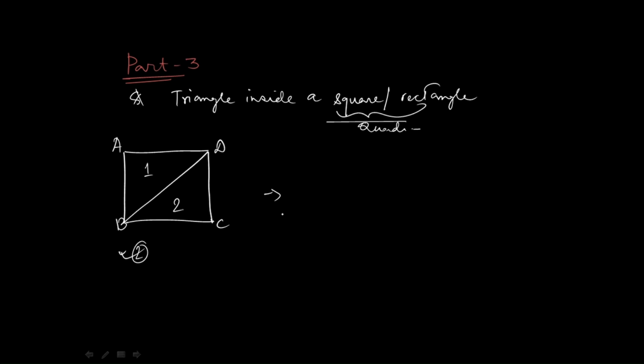So now tell me, how many triangles are there in this figure? Suppose A, B, C, and D. This is O. How many triangles are there? This is the first one, this is the second one, this is the third one, this is the fourth one.